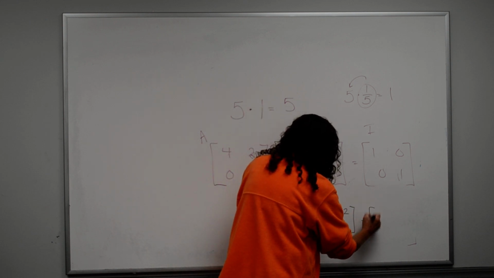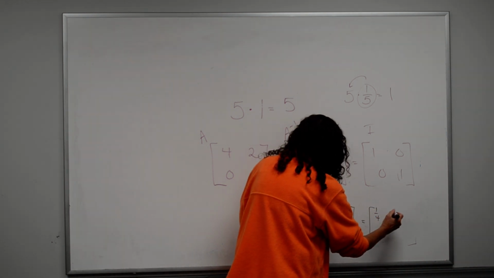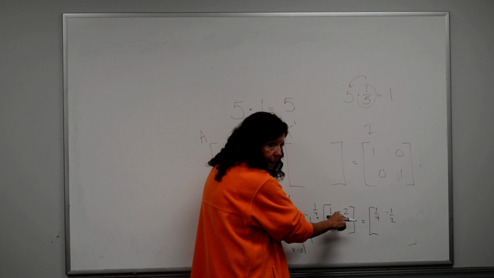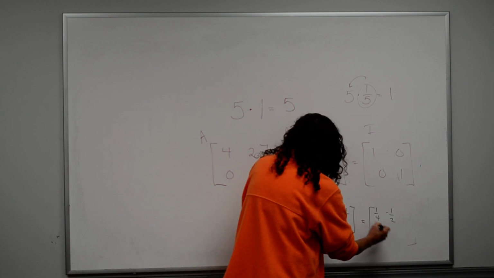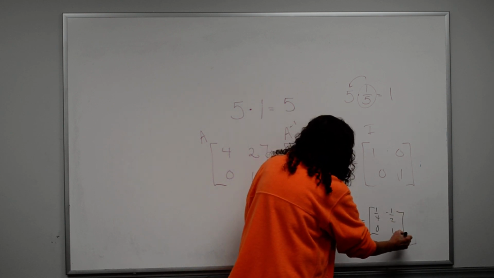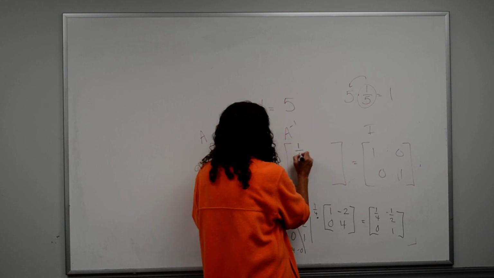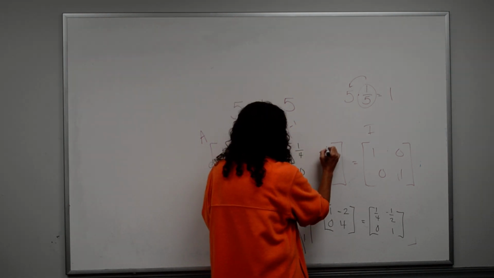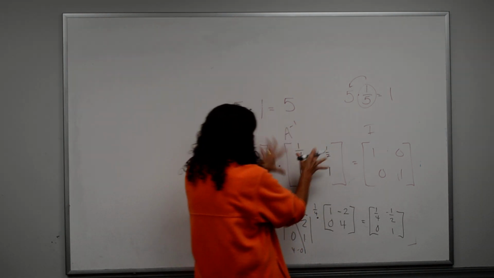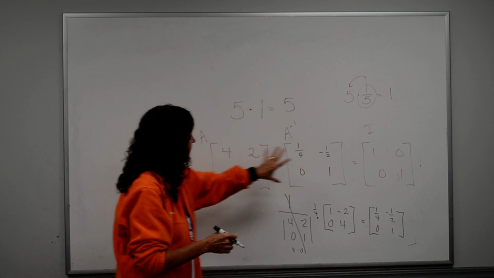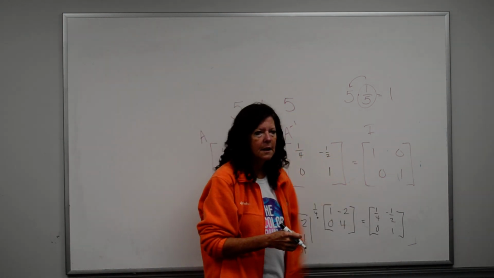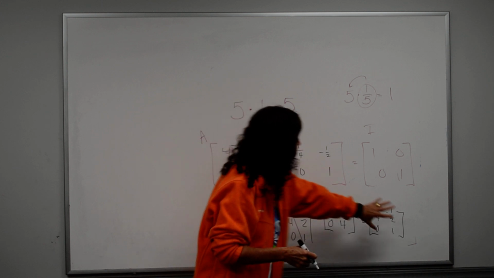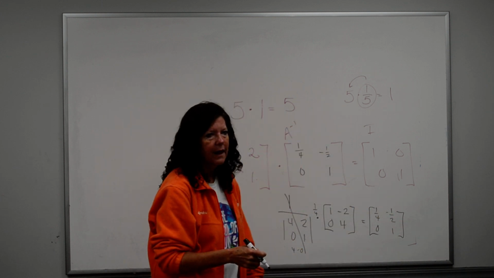So I have 1/4, negative 1/2, because 1/2 times negative 2, 0, and that's going to give me a 1. So if I put this in here, and I did it on my calculator and multiplied this times this, it would give me the identity matrix. This is the inverse matrix of that.